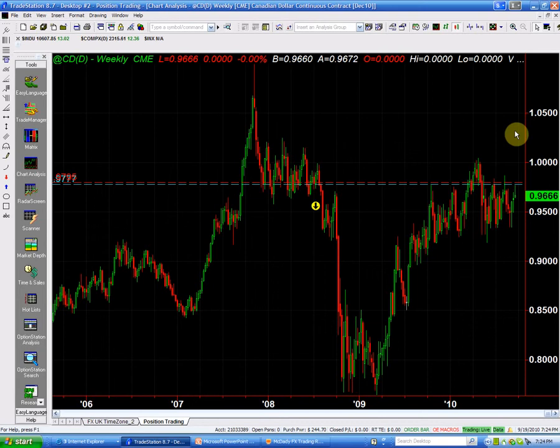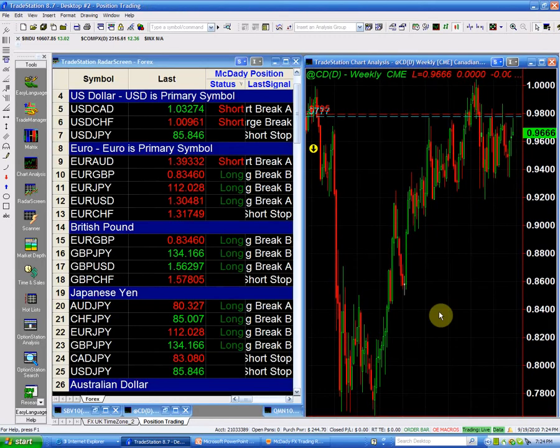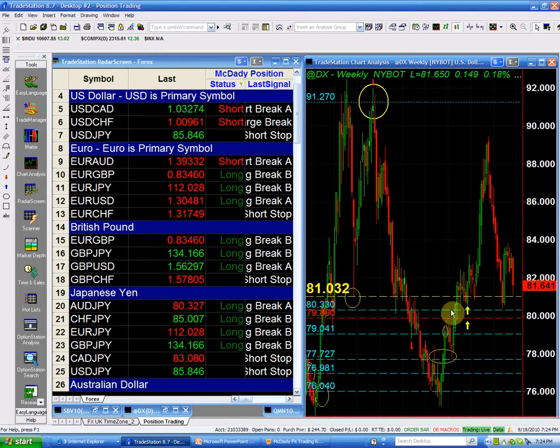So to sum this up, and I'll just walk you through it again. If you look at the US dollar, you can see that we already have a minor buy signal. On the Australian, it is still strong.